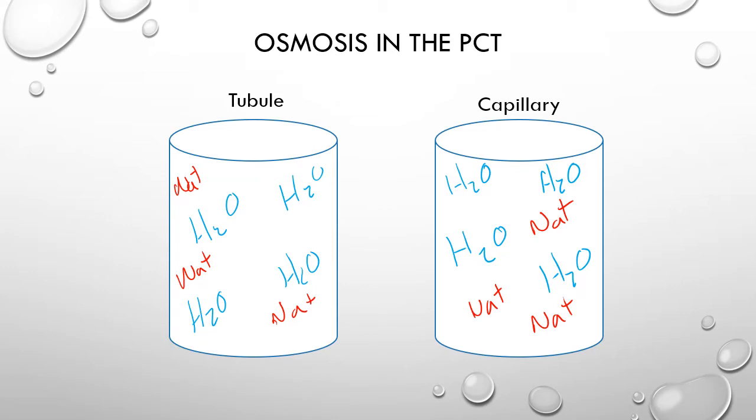Change colors here. Go with the yellow. We're going to have some calcium that is over here as well. Between those two sides, we'll have some potassium that is there also.